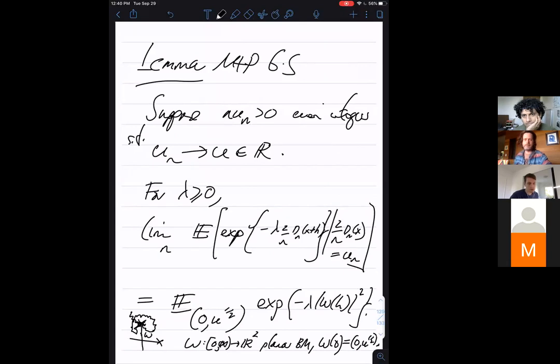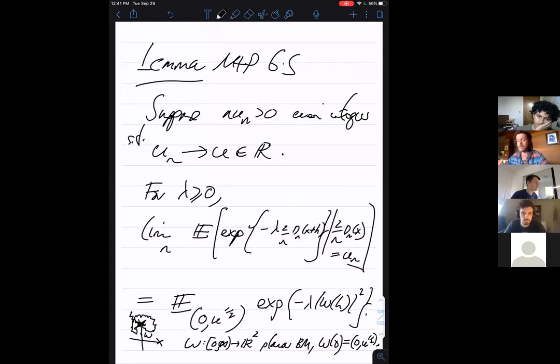It's expressed in terms of a transform, but it's saying if we condition on the normalized number of down crossings at height x being u, then the distribution of the normalized number of down crossings at height x plus h is given by kicking off a Brownian motion in the plane from a location given by the square root of the conditioned level at height x, and then evolving it for time h, and then it's the square of that.